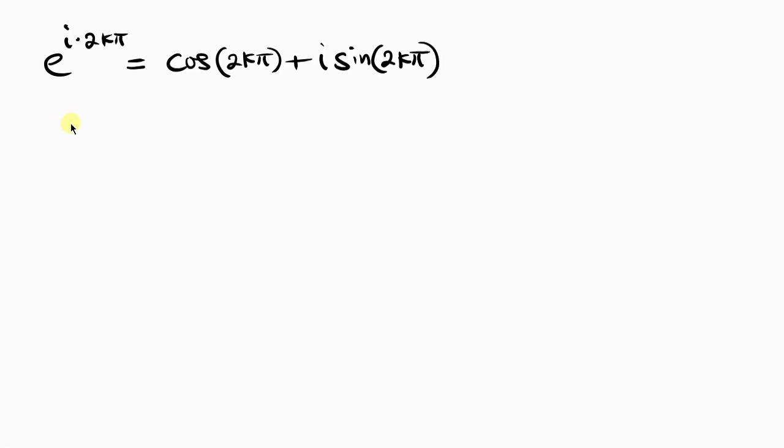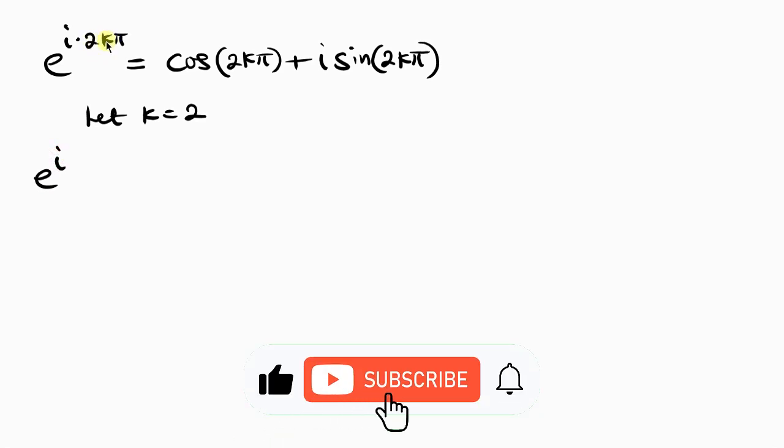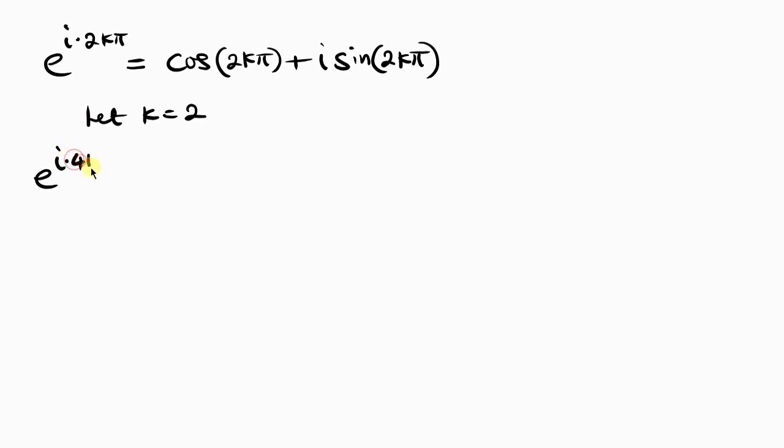Okay, now let's try for when k is equal to 2. So we can just say let k be 2. Now, if k is 2, we're going to have e to the i, k is 2, so 2 times 2, that's 4, times pi is 4 pi. So i times 4 pi.